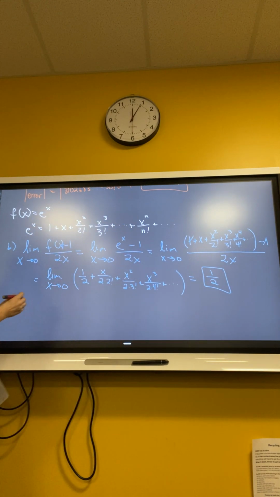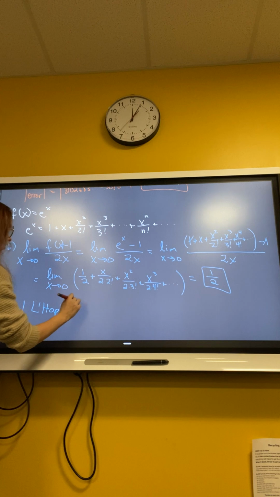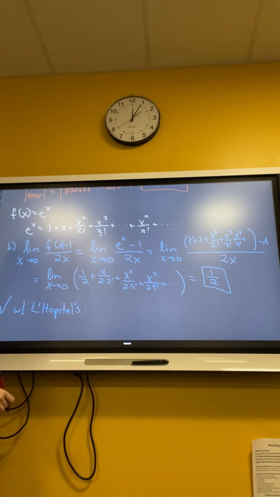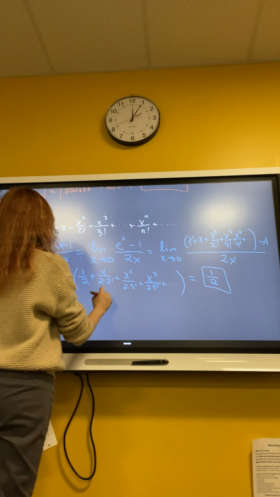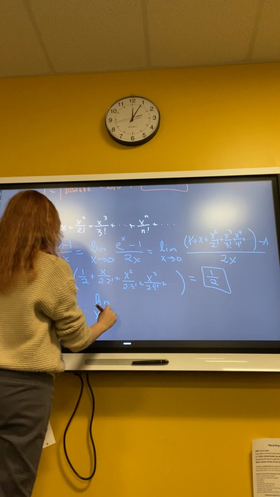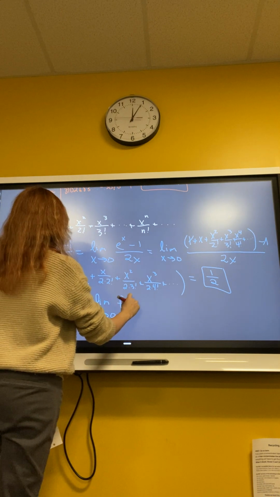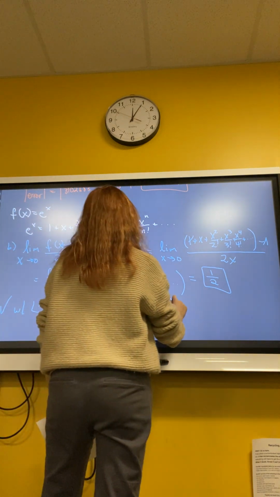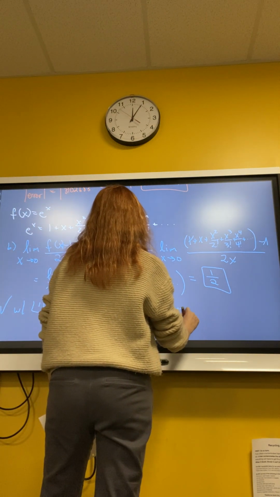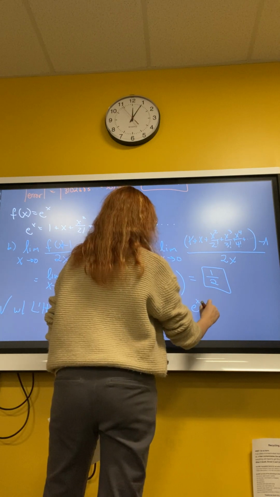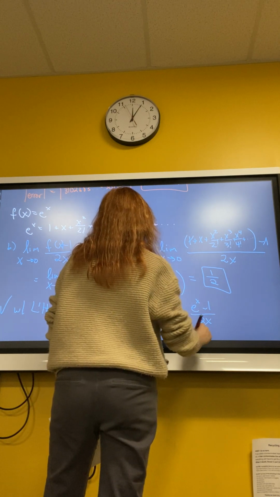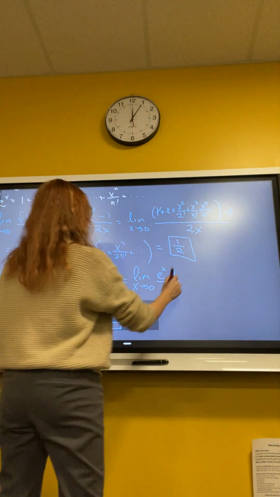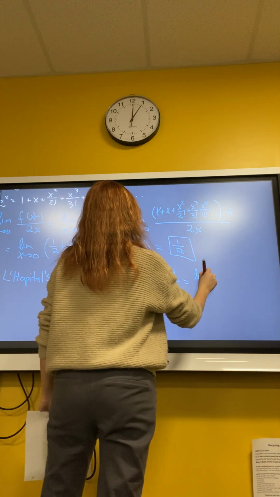So let's check with L'Hopital's. We started out with the limit as x approaches 0 of f of x minus 1 over 2x, which is the same thing as e to the x minus 1 over 2x.